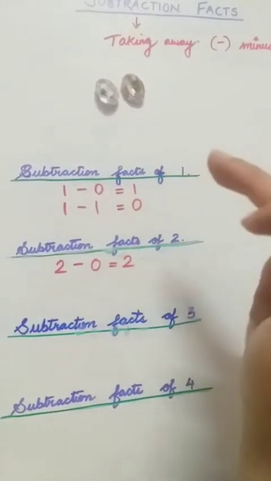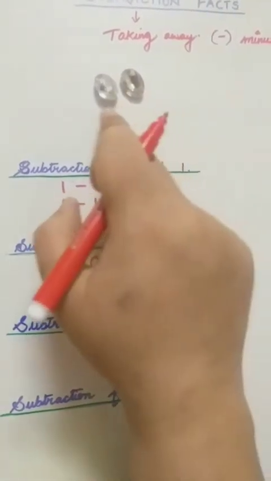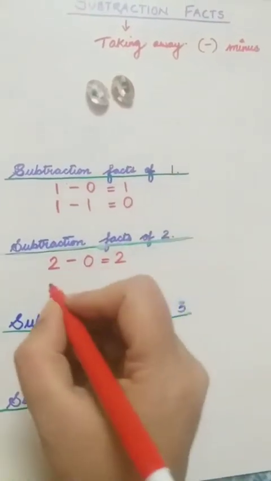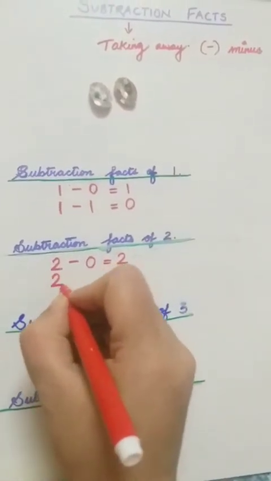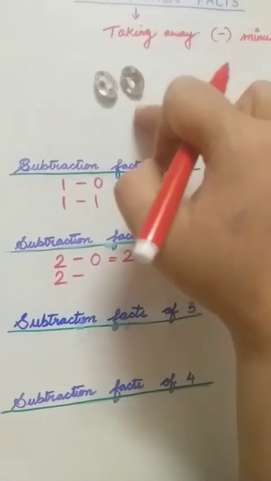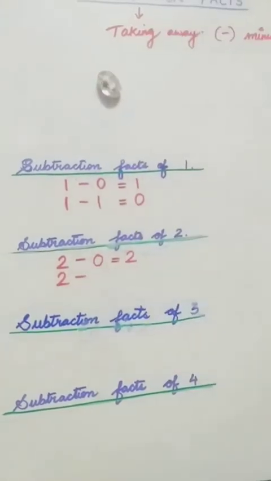Now let's move on to the second subtraction fact of 2. We have how many buttons over here? 2. So our first number will be 2 minus. Now I am going to take away one button from here.